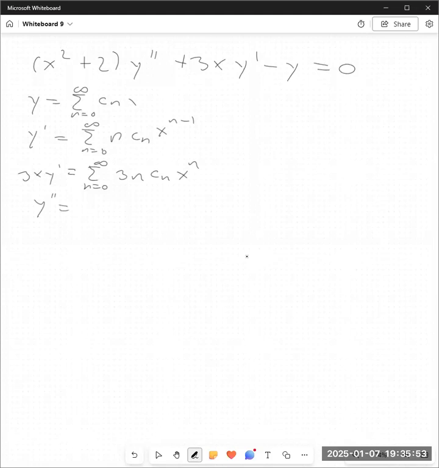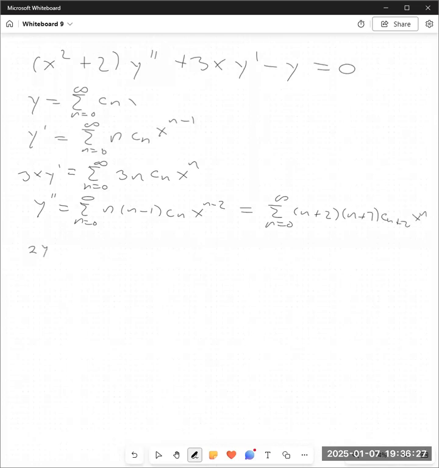Y double prime is going to be the sum from n equals 0 to infinity of n times n minus 1 c_n x to the n minus 2, which is equal to the sum from n equals 0 to infinity of n plus 2, n plus 1, c_(n+2) x to the n.